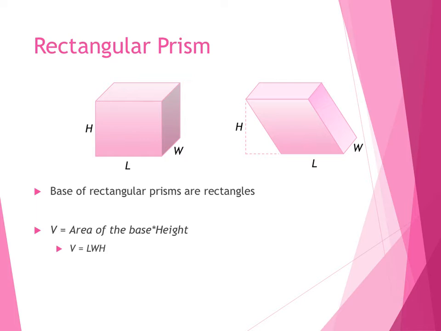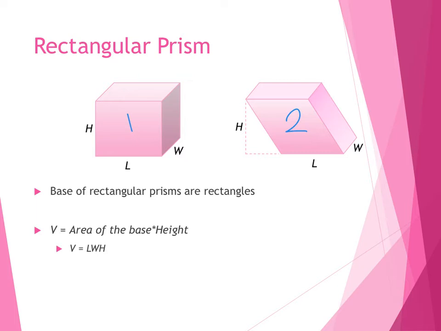The base of a rectangular prism is a rectangle. So in this first one, we just have a normal looking rectangular prism. So we have our length across the bottom, our width, and then our height. Now over here on the second one, we have what looks kind of more like a parallelogram, but that base is still going to have a rectangle shape.